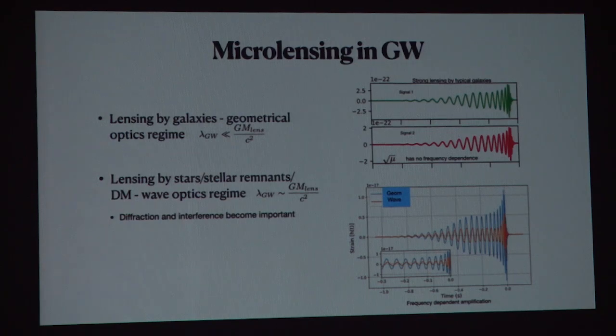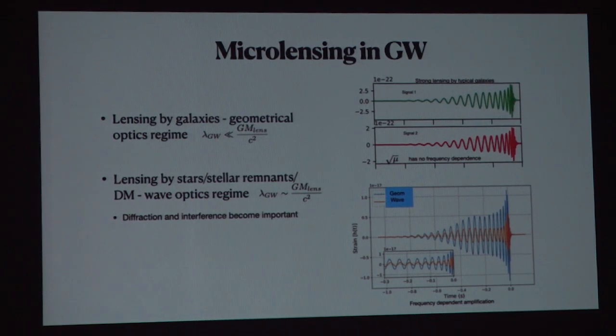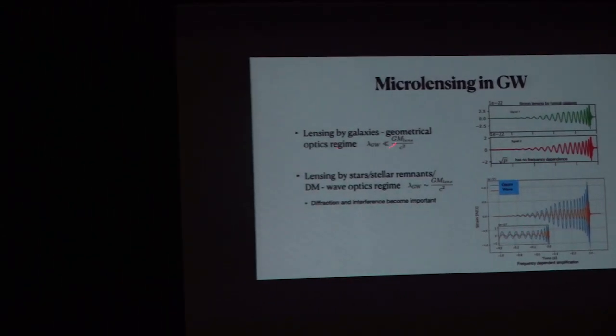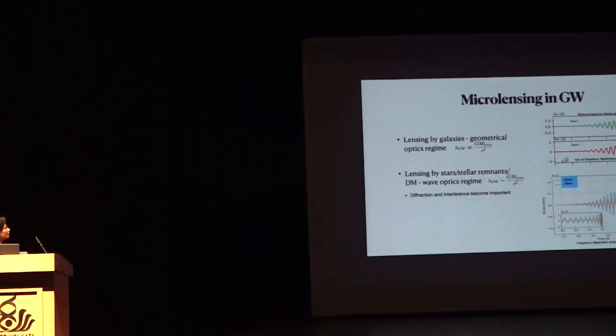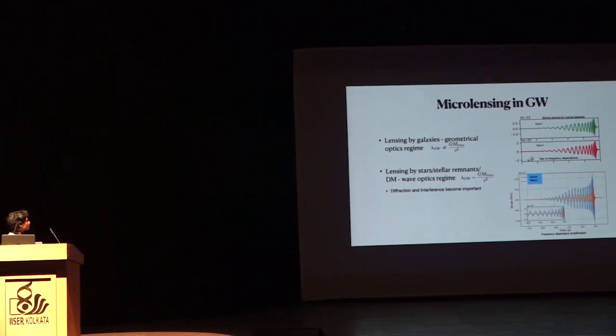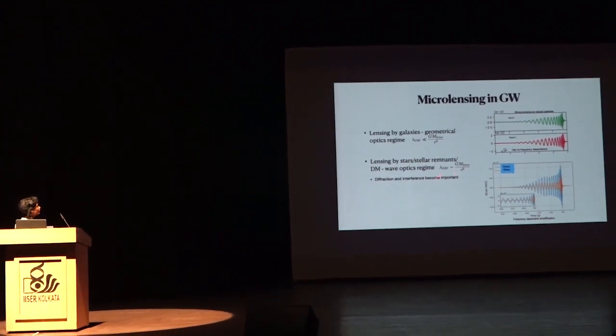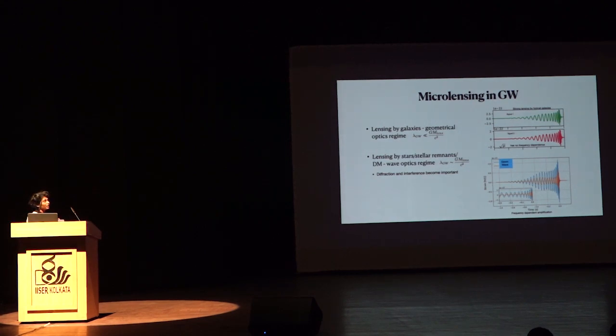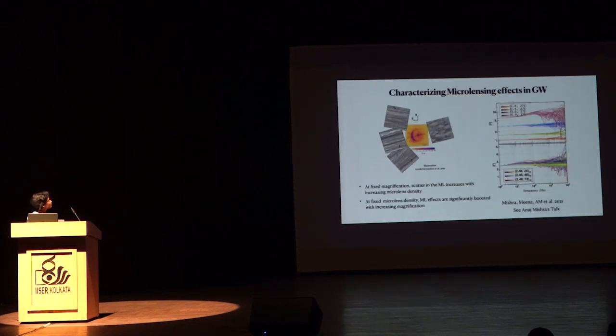But when we talk about the microlensing effects arising from these smaller, low mass populations like stars and stellar remnants, then we have to take into account wave optics effects, where we have to calculate the diffraction and interference effects. In this case the magnification factor is no longer just a constant factor, but has frequency dependence, and this introduces modulations in the shapes of the gravitational wave signal itself.